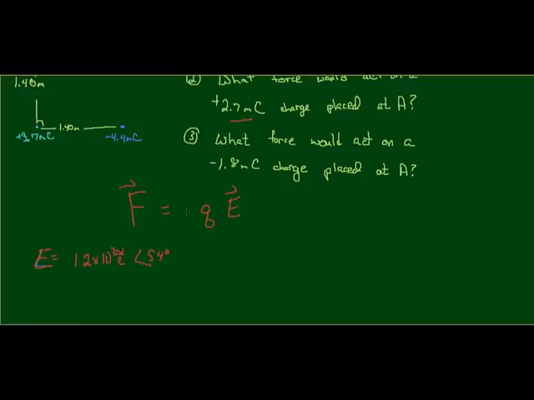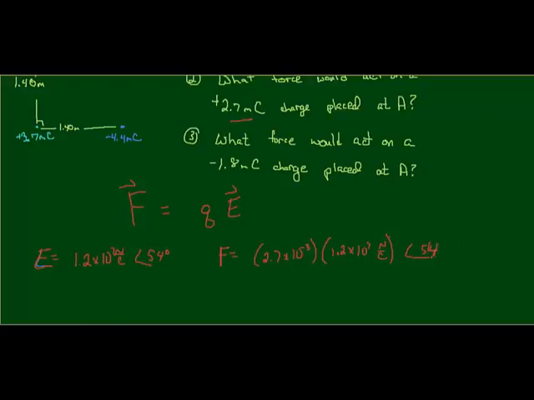Now if I place a positive 2.7 charge there, then the force that experiences is going to be 2.7 times 10 to the negative 3 times 1.2 times 10 to the 7th newtons per coulomb, and it is a positive charge, so the angle it moves will be at 54 degrees.